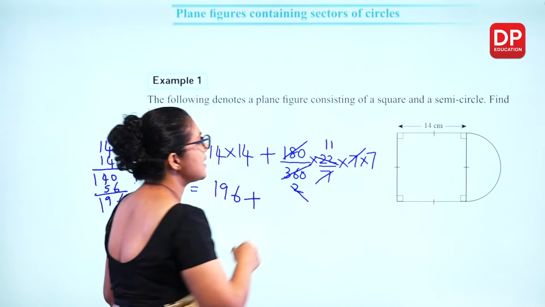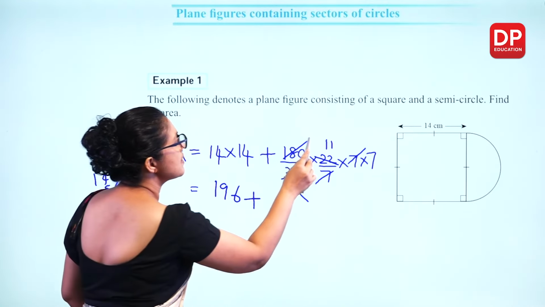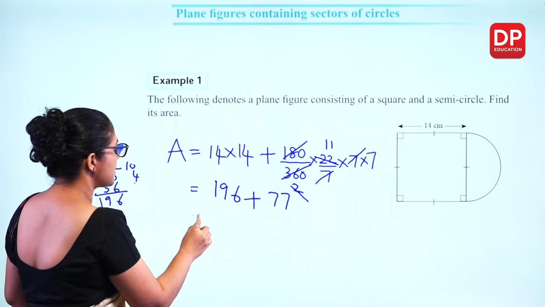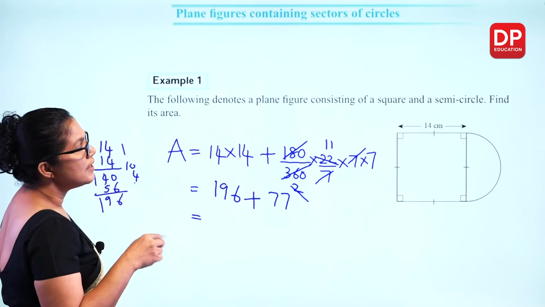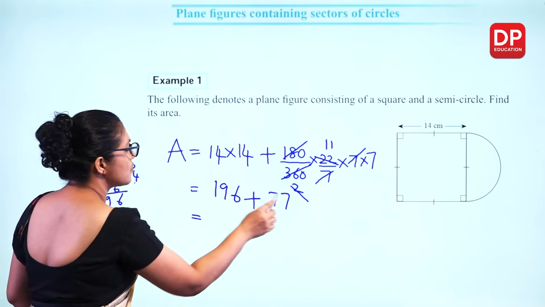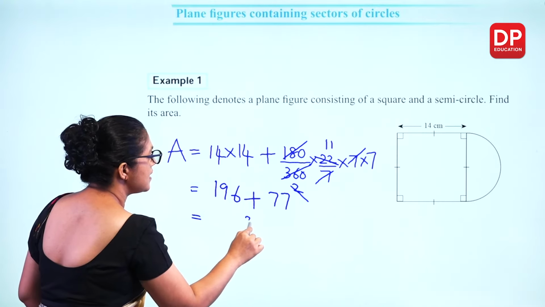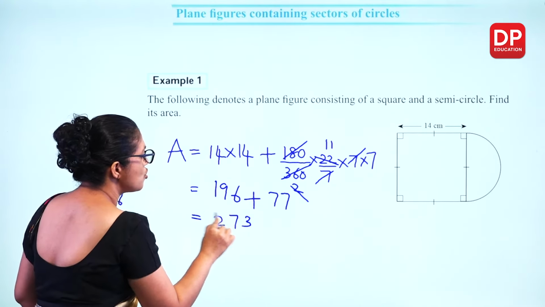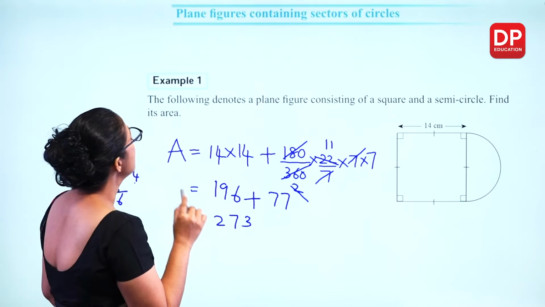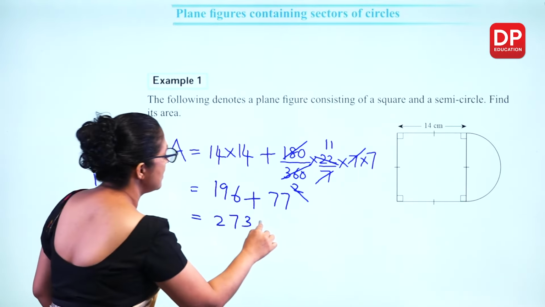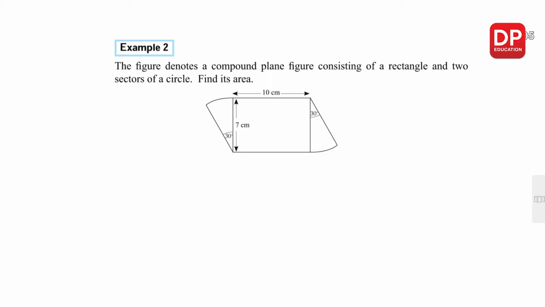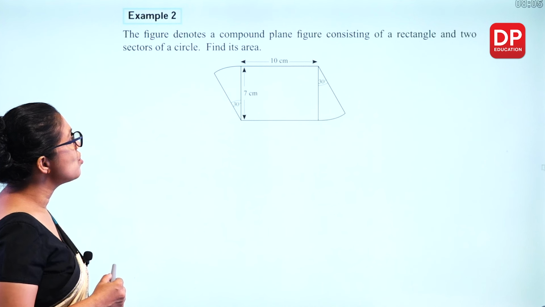This 7 gets cancelled out. So what's this side? 11 times 7, 77. So what's the area of the full diagram? You get 6 plus 7, 13, 1 remaining, 10 plus 7, 17, 1 remaining, 273. What's the unit? Square centimeters.